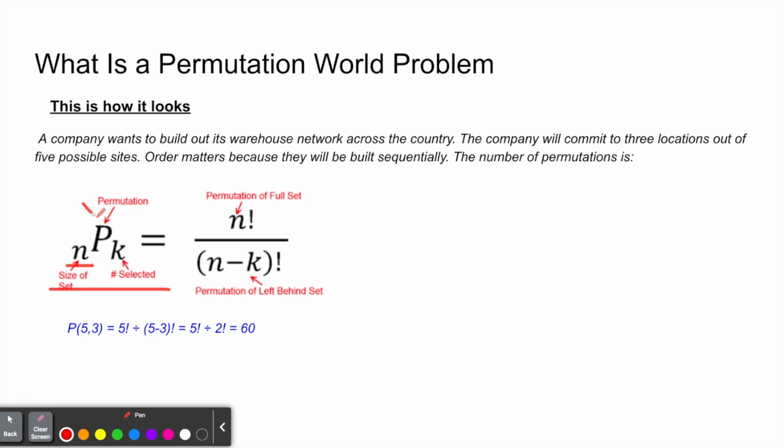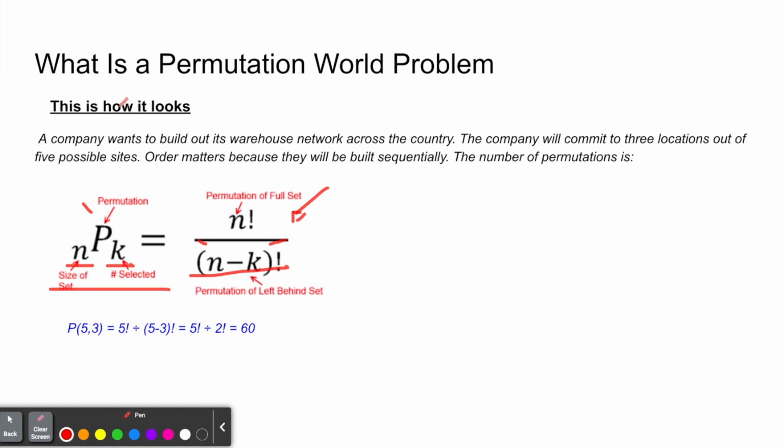P just represents that it is a permutation word problem, and K is a selected amount of permutations in a set. And to solve it, you put on top of the equation the total number of permutations, and on the bottom you put the total minus the selected number.